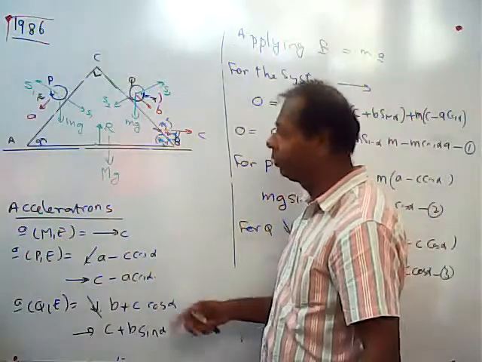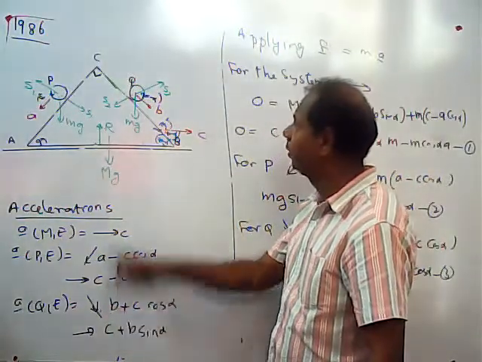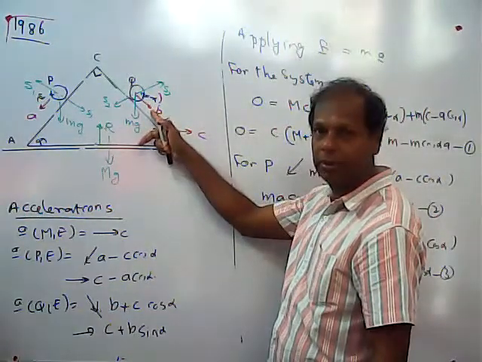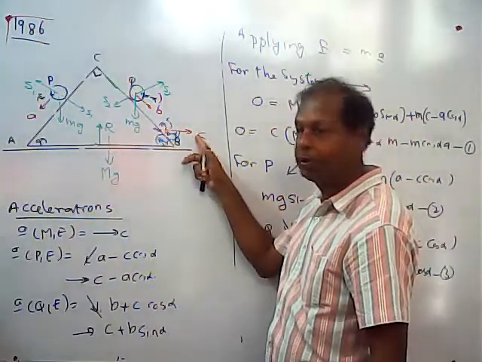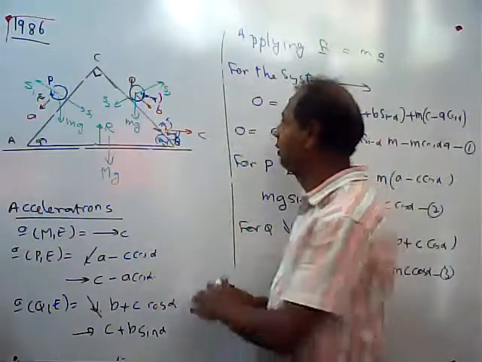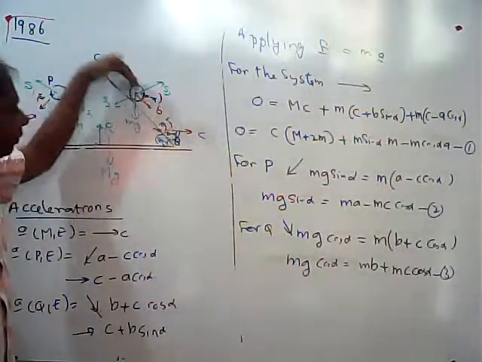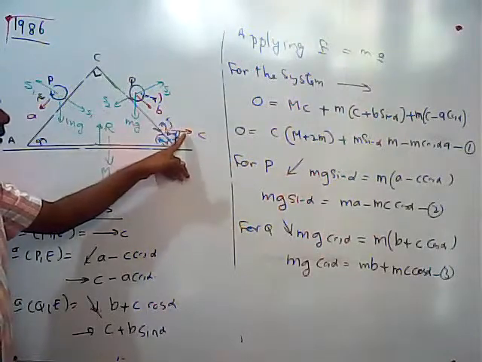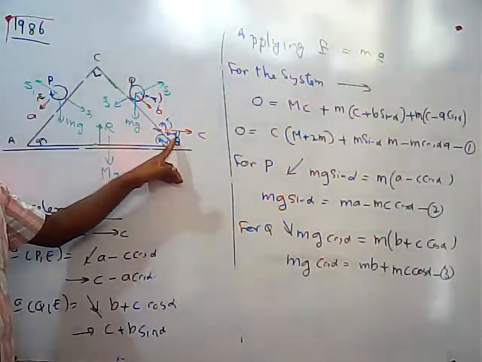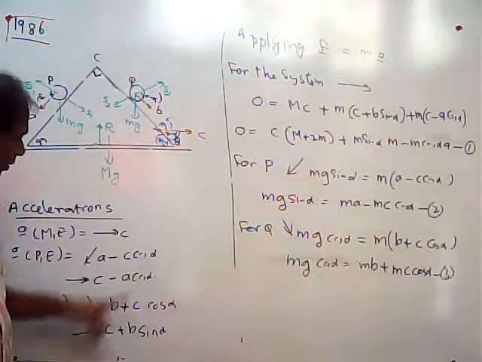So the acceleration of Q down the plane, b is usually there, plus c is also turning in the same direction. We are taking down the plane, c cos 90 minus alpha, so it is c sin alpha.